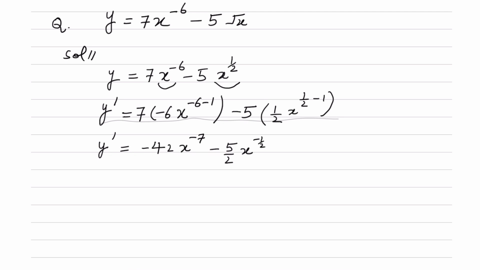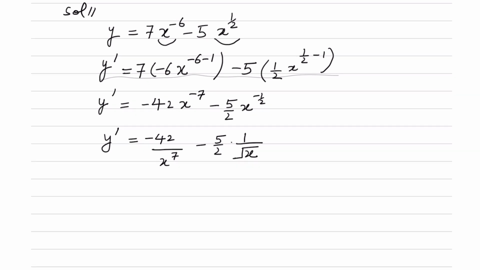And then we can simplify this. Y dash is minus 42 over x to power 7 minus 5 by 2 into 1 over square root x. So this is how we apply the power rule of derivative on an expression.